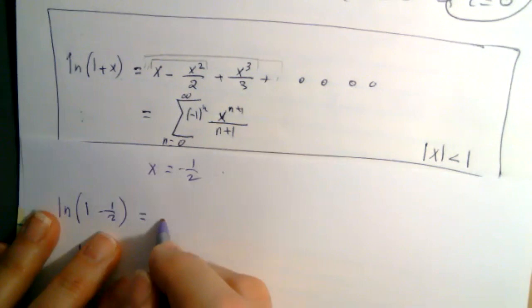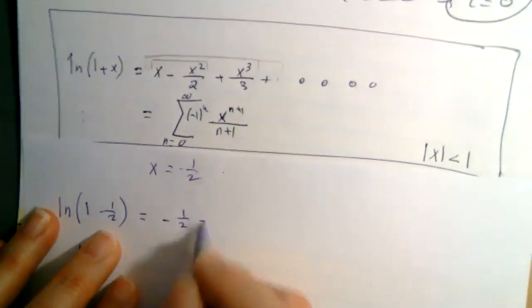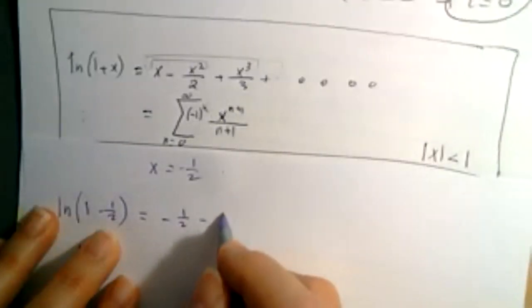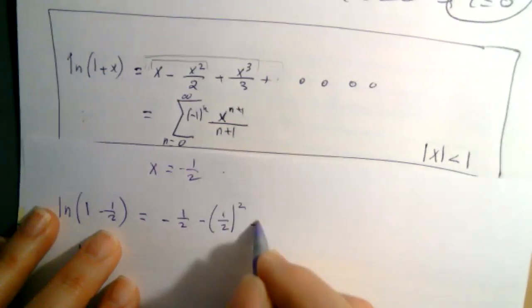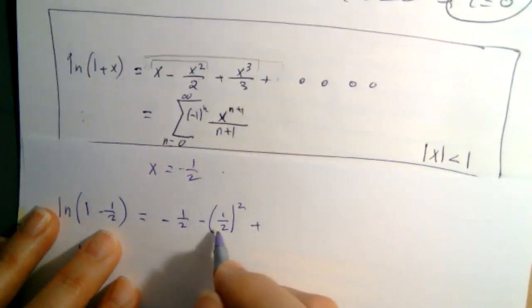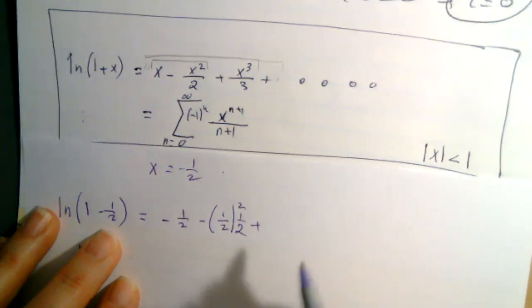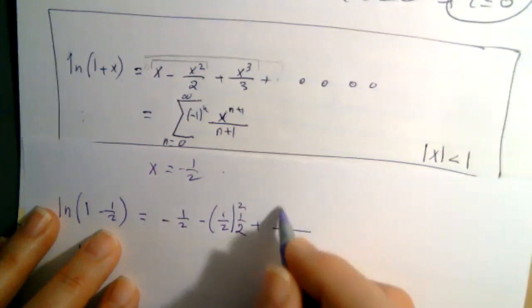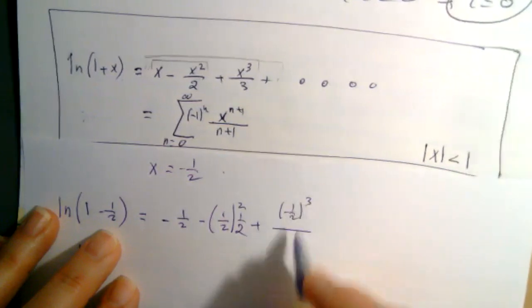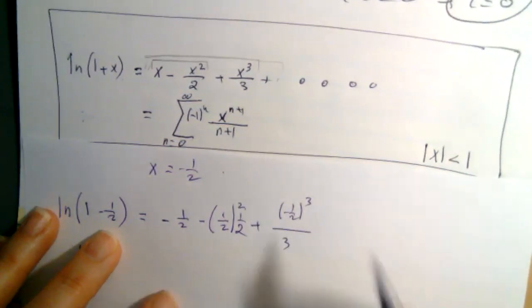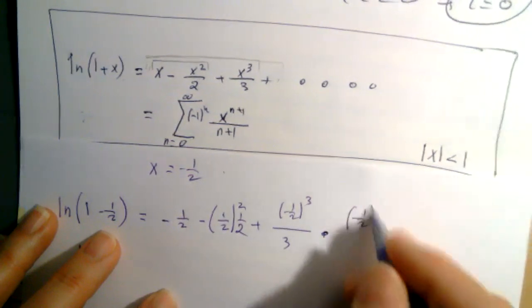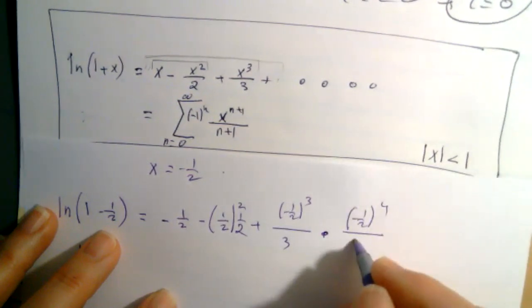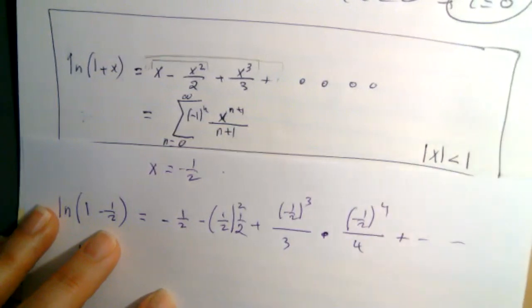It means it should be equal to minus a half minus a half squared over 2 plus minus a half cubed over 3. I will write it in a second in a neater way. Minus a half to the power 4 over 4 plus etc.